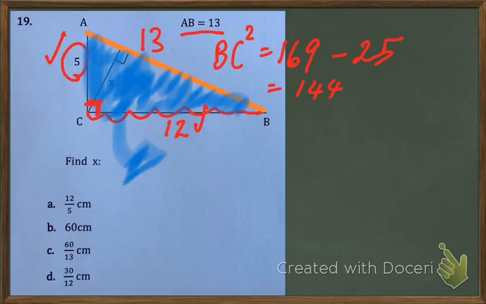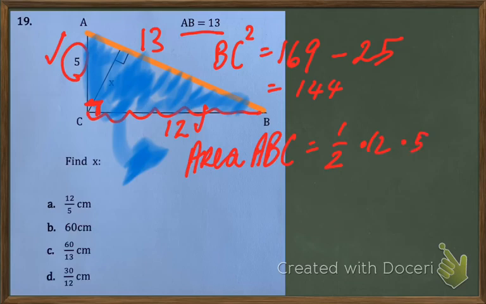What you need to sometimes do is just to do what you can do, and that's what we're going to do here. And so the area of triangle ABC is a half times the base, which is 12, times the height, which is 5. A half times 12 is 6. 6 times 5 is 30. And there we have the area of the triangle. And yes, I know that wasn't asked.